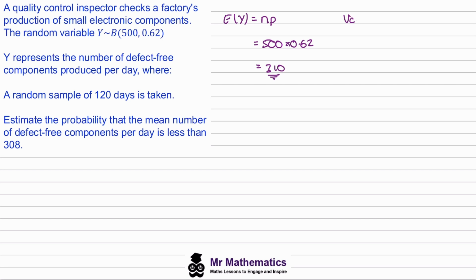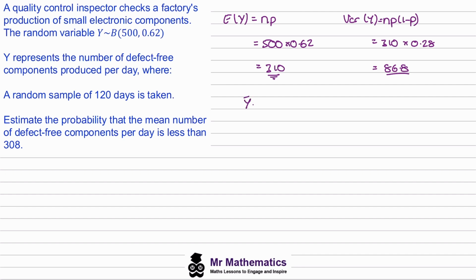And the variance will be n times p times 1 minus p. So this will be 310 multiplied by 0.38, and we can work this out, and we get 117.8. This is our variance. So now we can define our sample mean distribution.